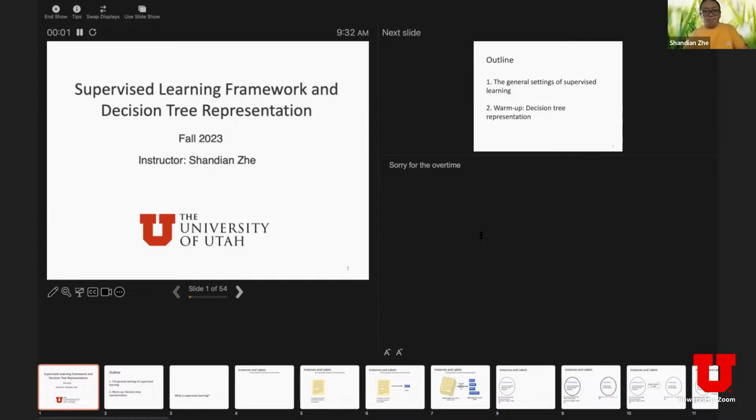So what if I just prepare the instances? I don't prepare the labels. Can I still feed this unlabeled training data set to some learning algorithm and learn some function? The answer is yes.